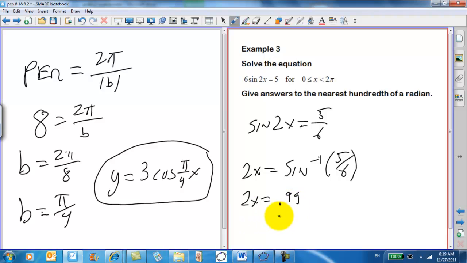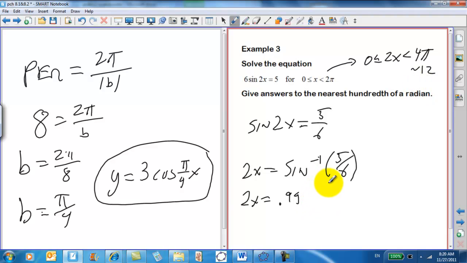But if you just stop there, you're not going to get all the answers. Because basically now, if x is ranging from 0 to 2 pi, we have to anticipate that 2x will range from 0 to 4 pi, which is roughly 12. So we have to think of more answers.